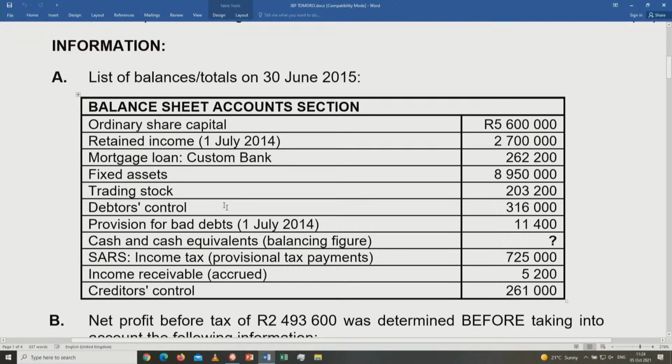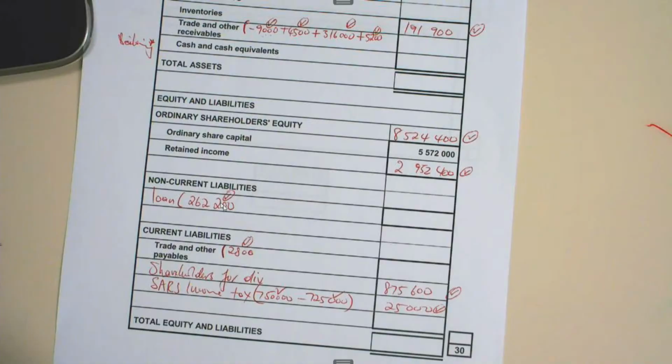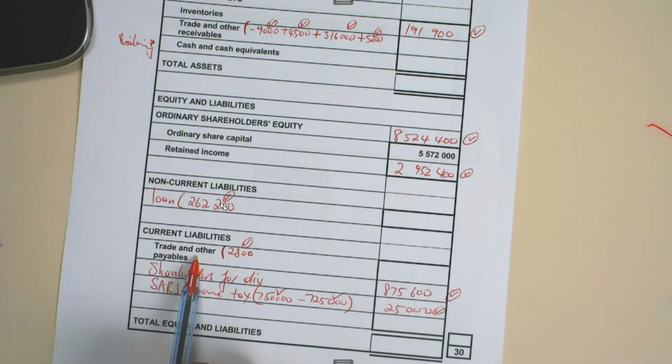And then the last one would be the creditors control. Remember, creditors control, accrued expense, and income received in advance, on the face of our balance sheet, we'll record under current liabilities in the bracket of trade and other payables.